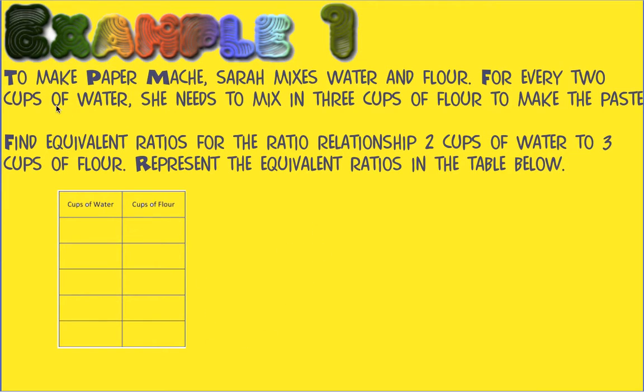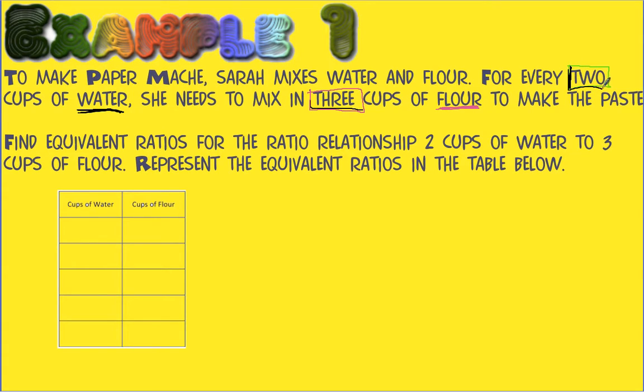Alright, so here we are talking about making paper mache, and Sarah mixes water and flour. So it's important to note that for every 2 cups of water, she needs to mix in 3 cups of flour.